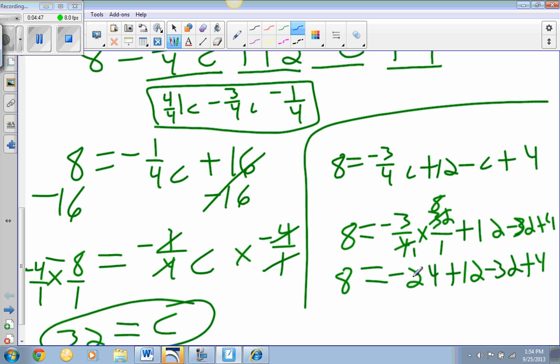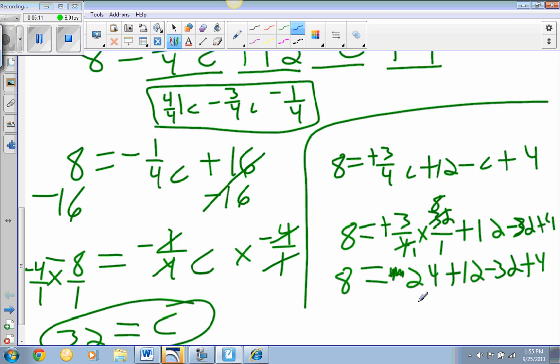Let's see what we got here. Oh, this already said minus. Oh yes, okay, minus 32. Okay, so right here I accidentally put a negative in. It's supposed to be a positive, so I'm just going to ignore this negative.